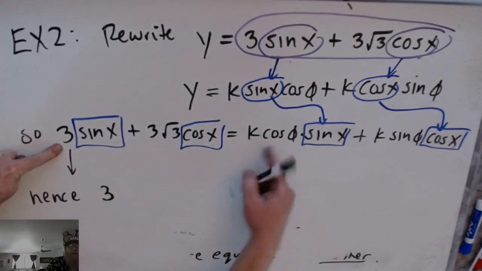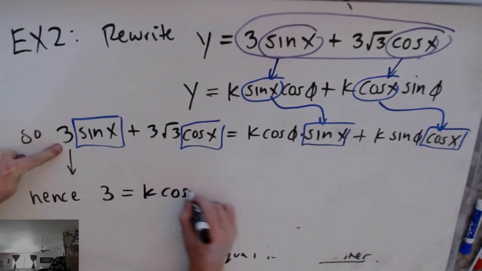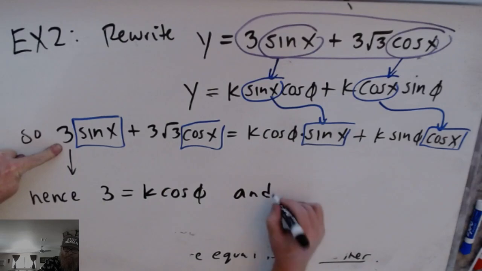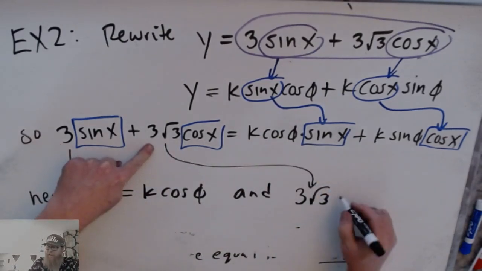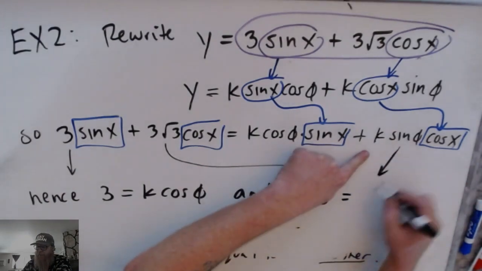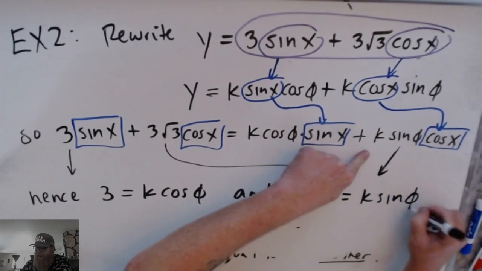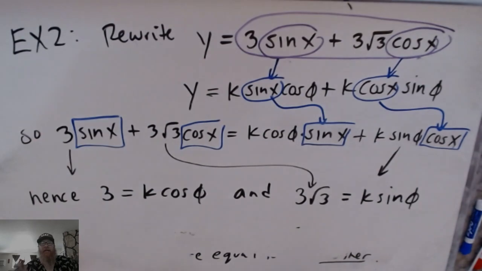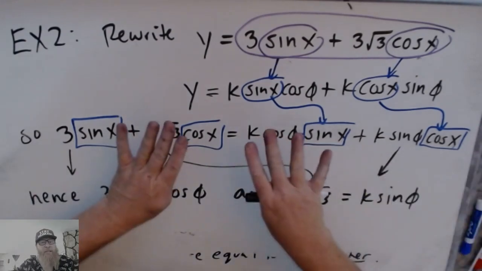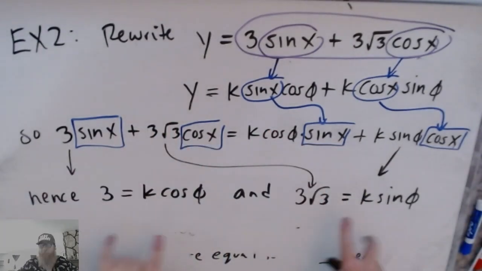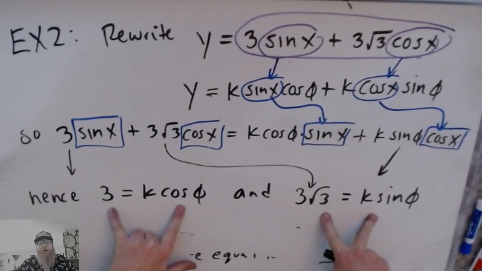3 must be equal to k cosine phi, and 3 radical 3 must be equal to k sine phi. In other words, this is one of the oldest tricks in the book. You take two equations, you set them equal to each other, and then you separate them into two separate equations.